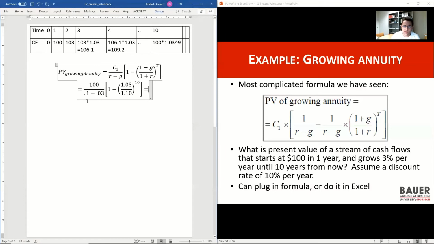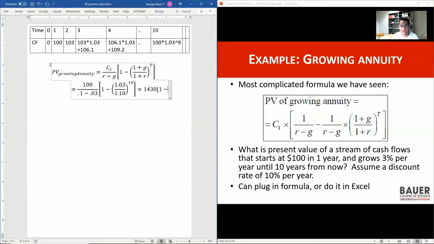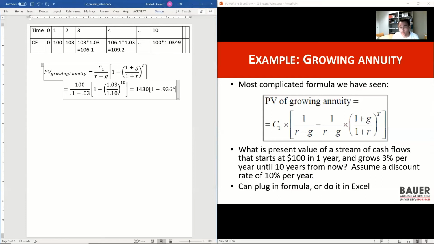So again, I'm going to work on this outside term just like I did for the annuities. What's 100 divided by 0.07? That works out to 1430. Then I got to work on this bracketed term. I'm going to calculate the thing inside the innermost brackets first. 1.03 divided by 1.1. That turns out to be 0.936. And that whole thing gets raised to the 10th.